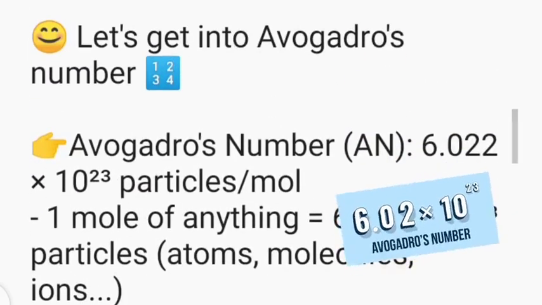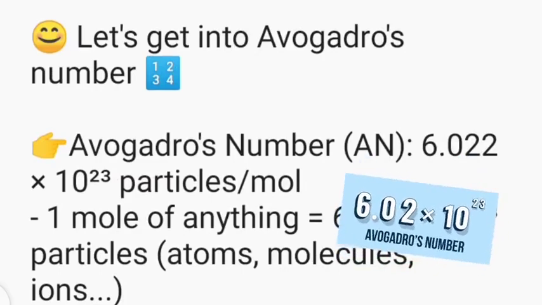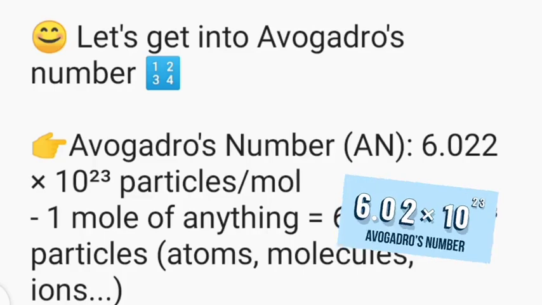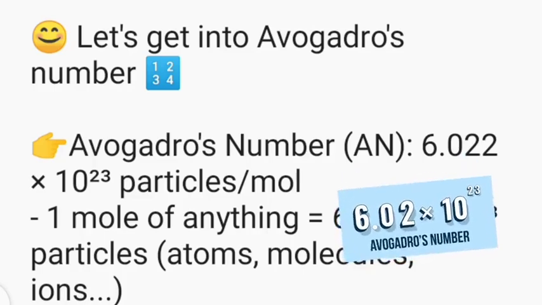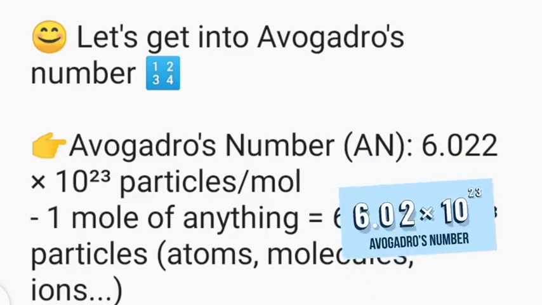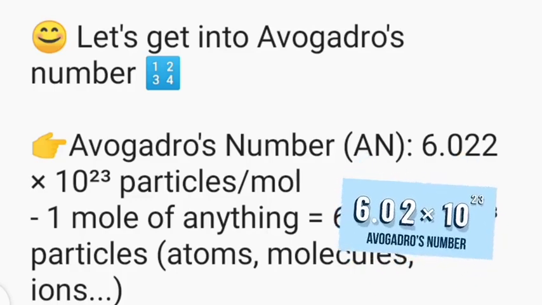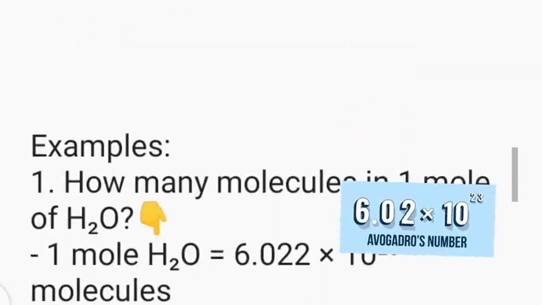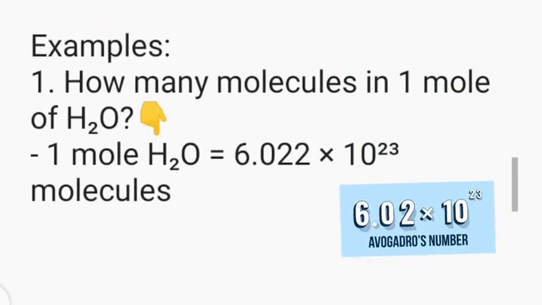Now let's go back to the Avogadro's number. Avogadro's number tells us that 6.022 times 10 to the power 23 particles is 1 mole. So 1 mole of any substance is 6.022 times 10 to the power 23 particles, atoms, molecules, or ions. That's what Avogadro's number is telling us. For example, how many molecules are in 1 mole of H2O?